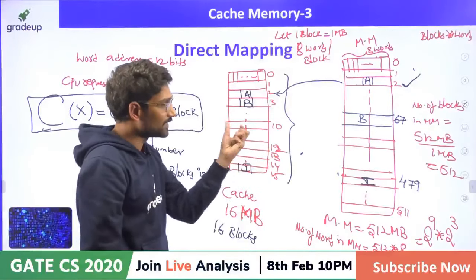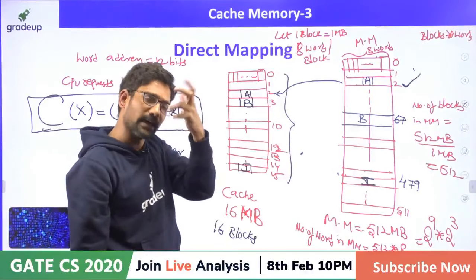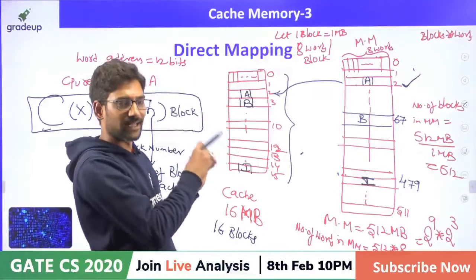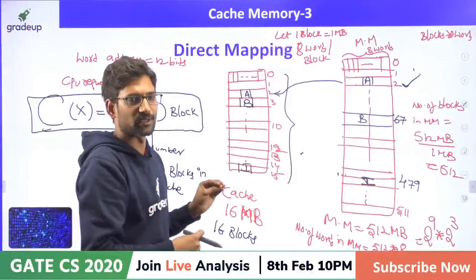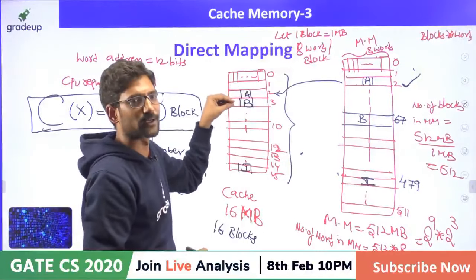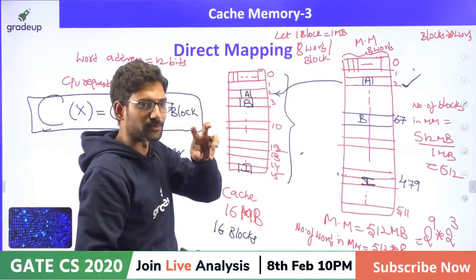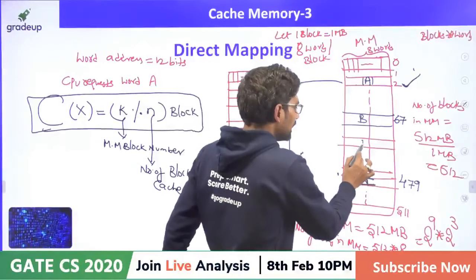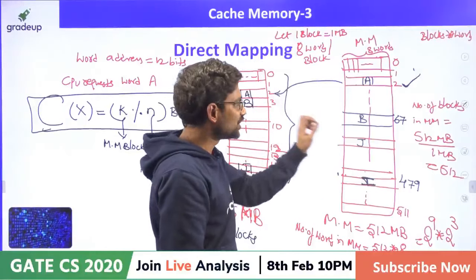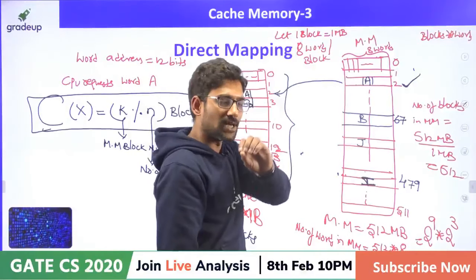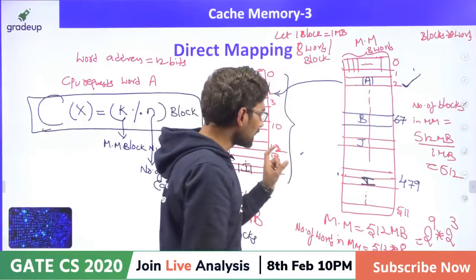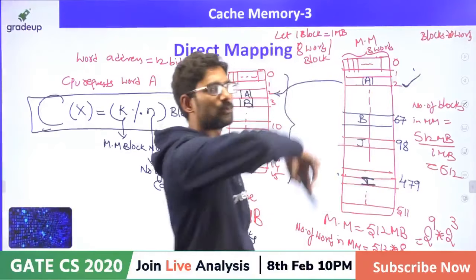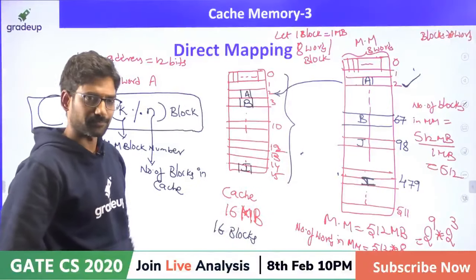Now by this time you might already have one point arising. Let me tell you the drawback of this direct mapping, this kind of choosing the block number. Let us suppose there is a word J, in block number 98 in main memory.